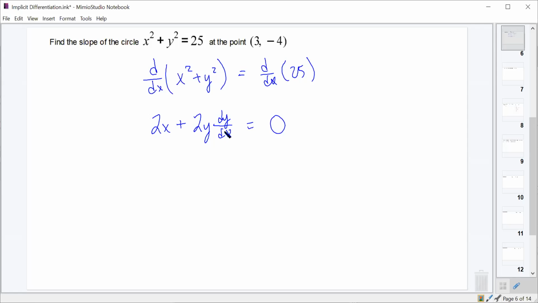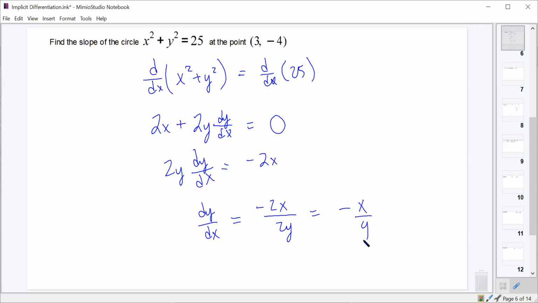So 2y dy dx. And now we end up with dy dx equals, well, we can bring the 2x to the other side and divide by the 2y to get dy dx equals negative 2x over 2y, or negative x over y. Everybody good with that being the derivative there?